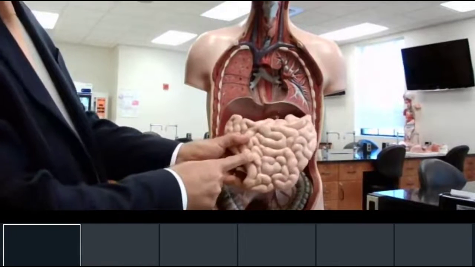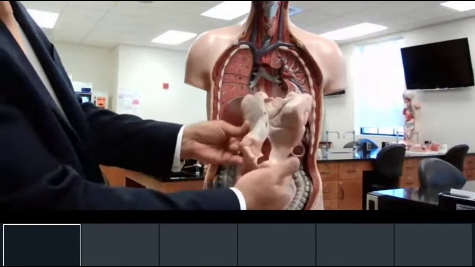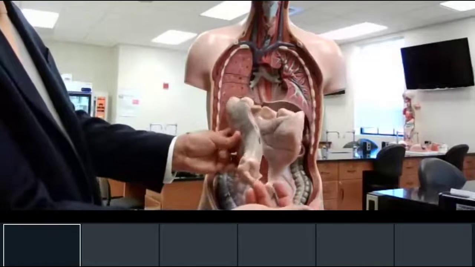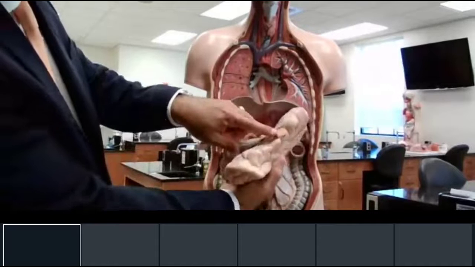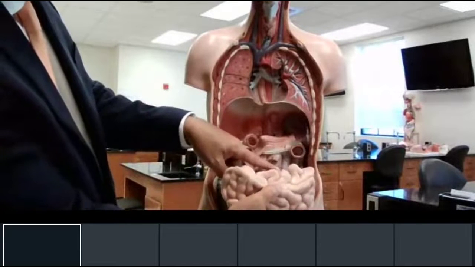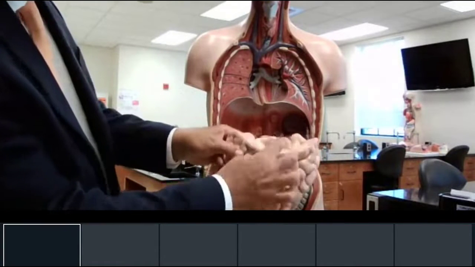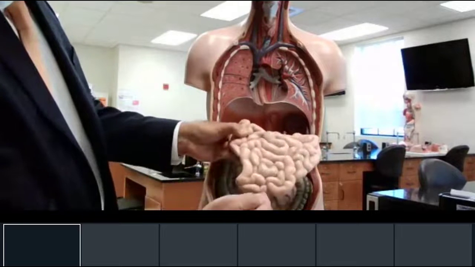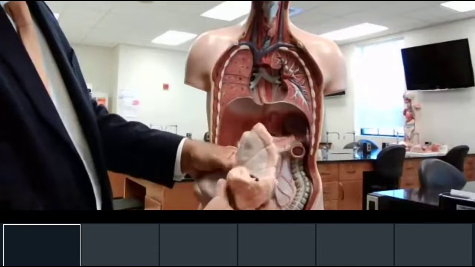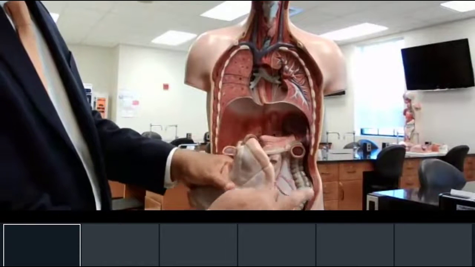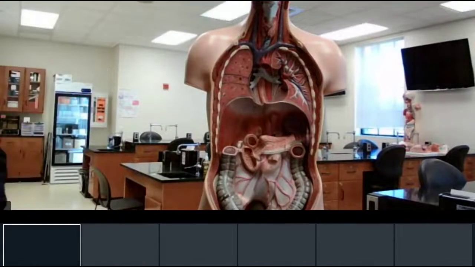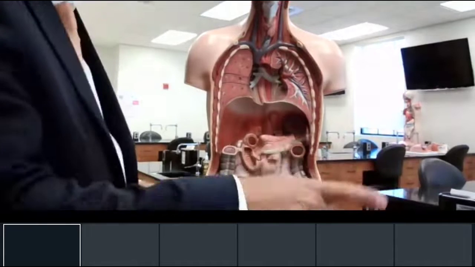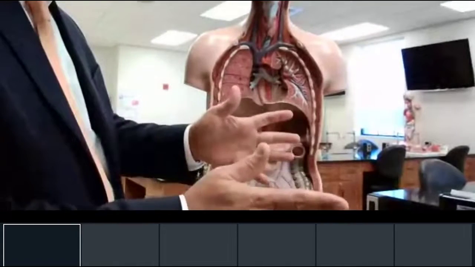Jejunum and ileum. The ileum, well, this is broken on the back here, but you can see that up here the duodenum is meeting up with the jejunum, and towards the end, which is broken off here, you're supposed to have the ileum, which is the distal part of the small intestine.